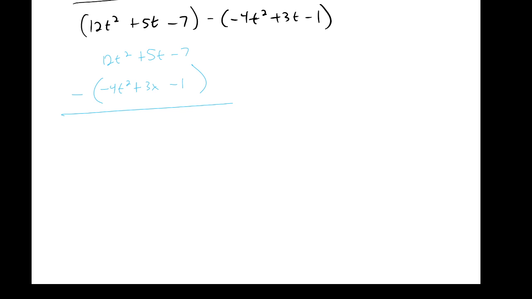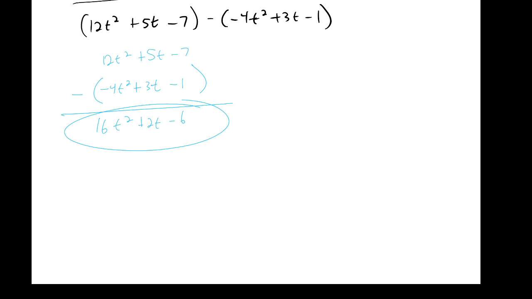Okay? So I have a 12 minus negative 4, right? So that's going to be 16, and these are t squareds. Why do I keep messing up the variables? That's a t, not an x. I have a 5t minus 3t, and that's going to be a 2t. And then I have a negative 7 minus negative 1, and that's going to be negative 7 plus 1, which is negative 6.